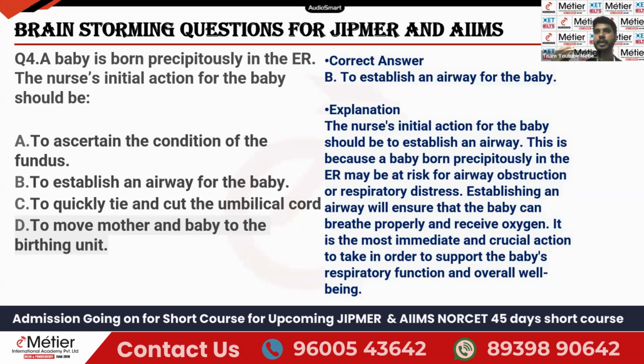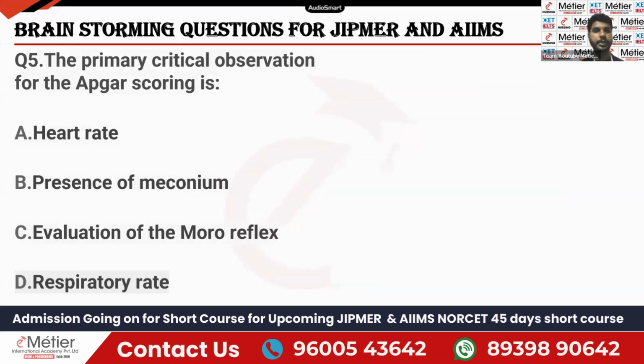When there is an emergency for the fetus, if you want to give resuscitation measures, only at that time do we have to do early cord clamping. But normally delayed cord clamping is good, after 1 minute. So here, according to this scenario, to establish an airway for the baby is the right option. Clear? Yes. Next question.